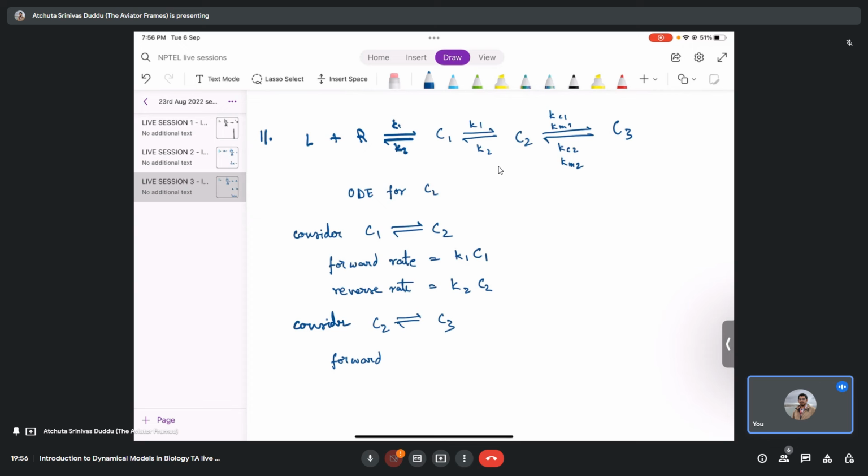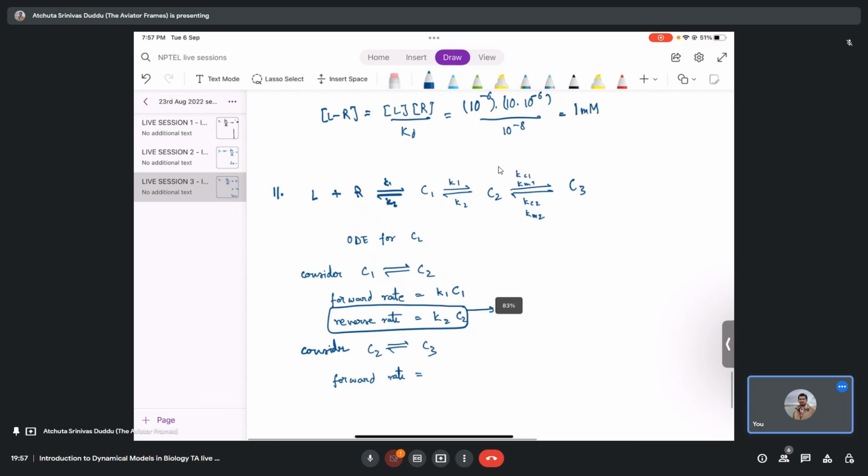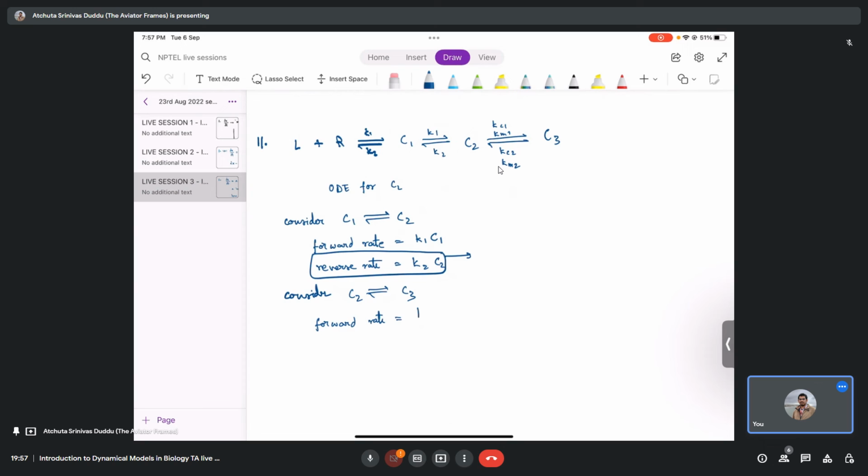Oh, I think I just made a mistake. Sorry. This is the mistake, but we'll revisit this part at the end. I'll first write the forward rate here. Forward rate would be equal to KC1 P C2 by KM1 plus C2.